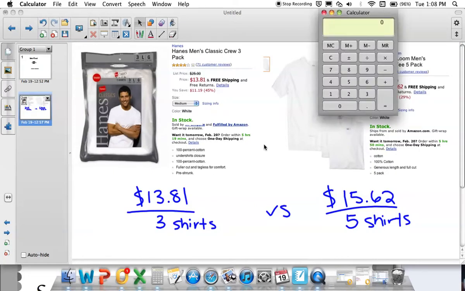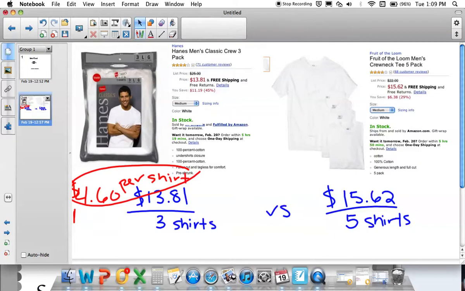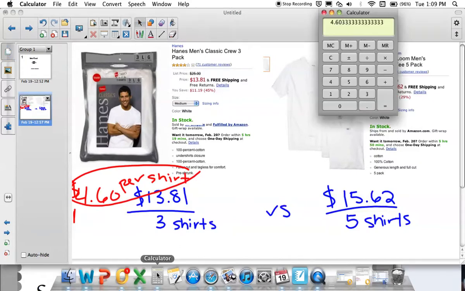So for Hanes, we have $13.81, and we're going to find per one shirt, so we just convert it to a decimal. Divided by 3, we get around $4.60. So this one is around $4.60 per shirt. Okay, now let's figure out how much it costs for Fruit of the Loom. $15.62 for 5 shirts.